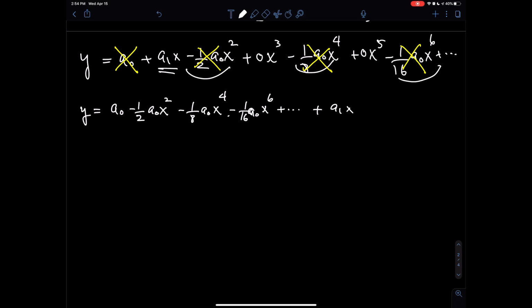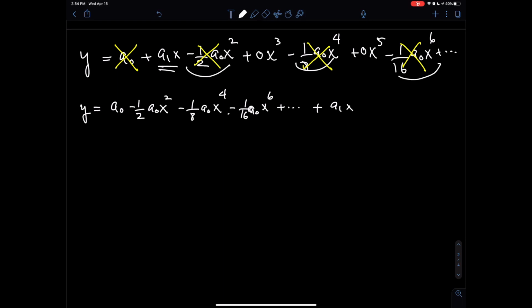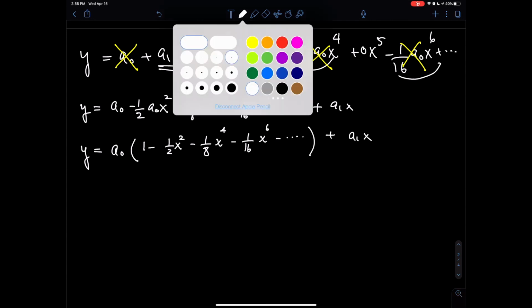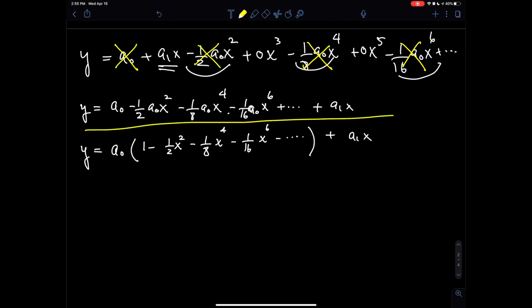plus a1x. So you could then clearly see here that your solution, if I factor out an a naught, is a naught times 1 minus 1/2 x squared, minus 1/8 x to the fourth, minus 1/16 x to the sixth, minus dot dot dot, close parentheses, plus a1x. And you were expecting that anyways, because it's a second order differential equation, right?